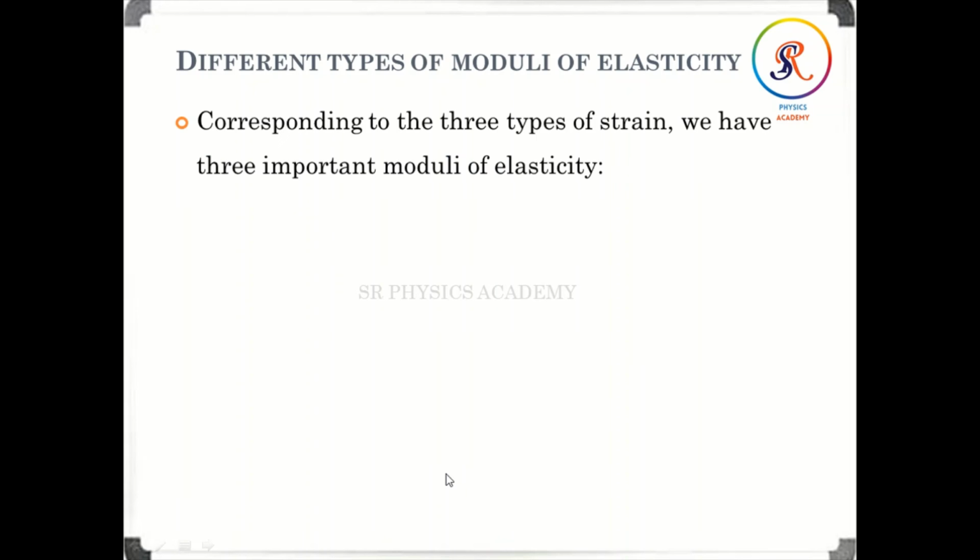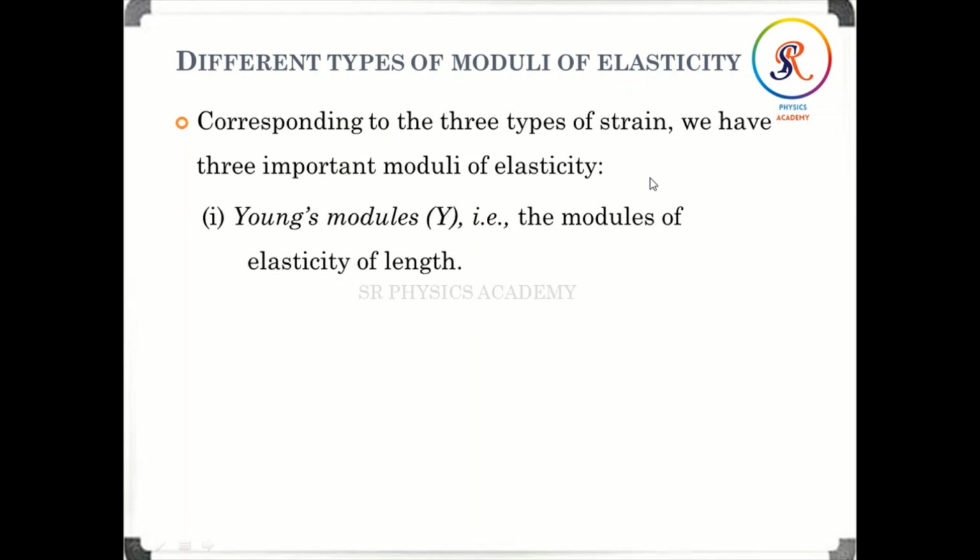Now we can discuss the different types of moduli of elasticity. Corresponding to the three types of strain, we have three important moduli of elasticity. In the last class we discussed what strain is and what the types of strain are. The first one is Young's modulus, with the letter capital Y, the modulus of elasticity of length.